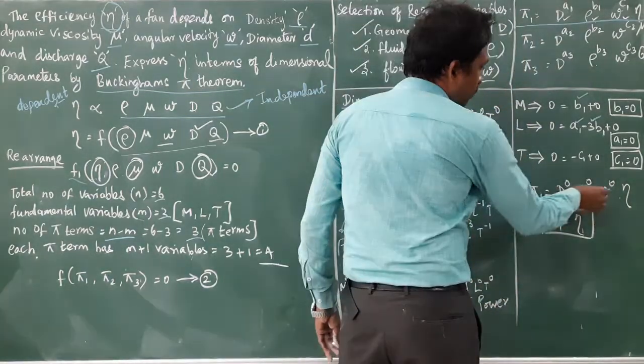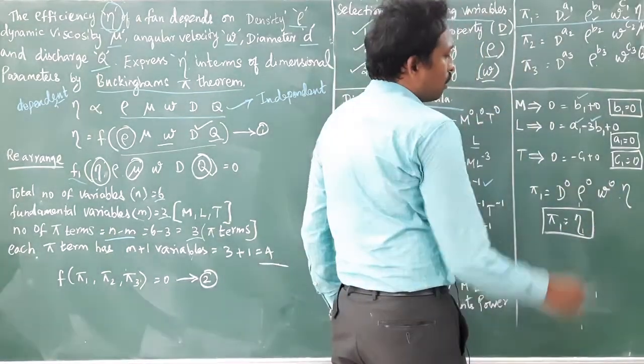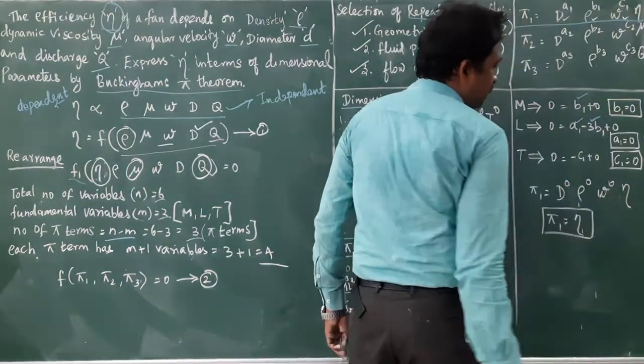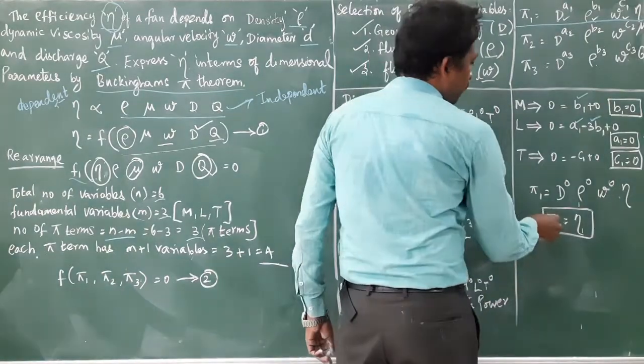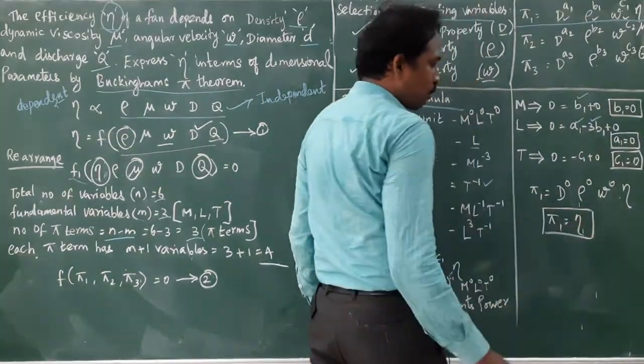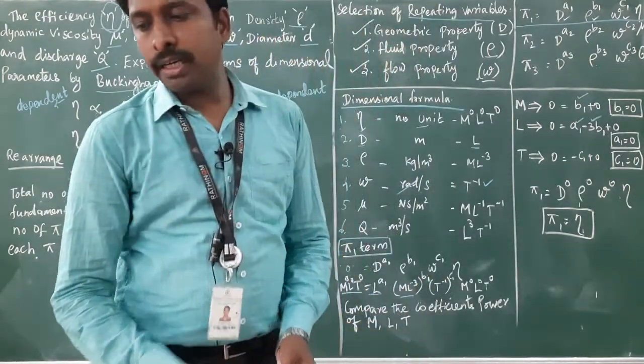Here all the terms are 0. Only the efficiency term remains, so the pi 1 term is denoted by eta. So, pi 1 equal to eta.